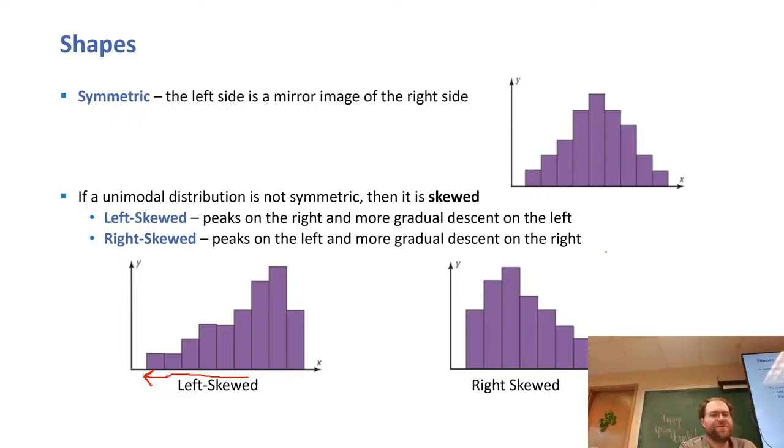You're heading left, so that's a left skewed graph. Right skewed, the tail, where it gets smaller, is going to the right. So if you know where the tail is, you'll know which of those skewed situations is there.